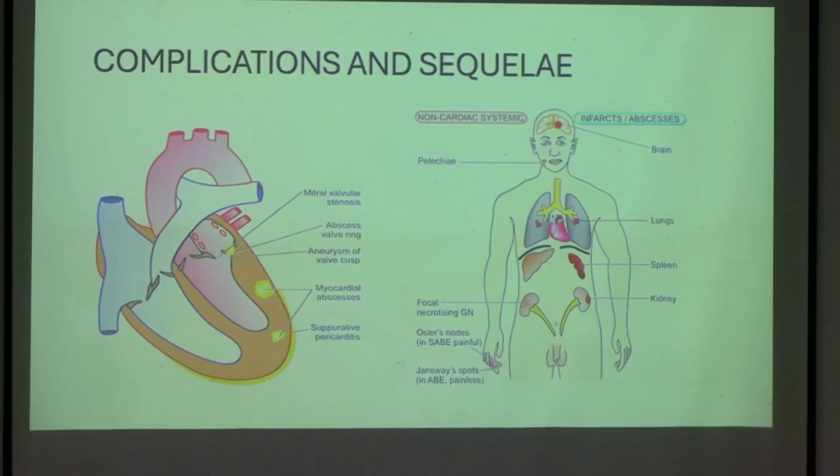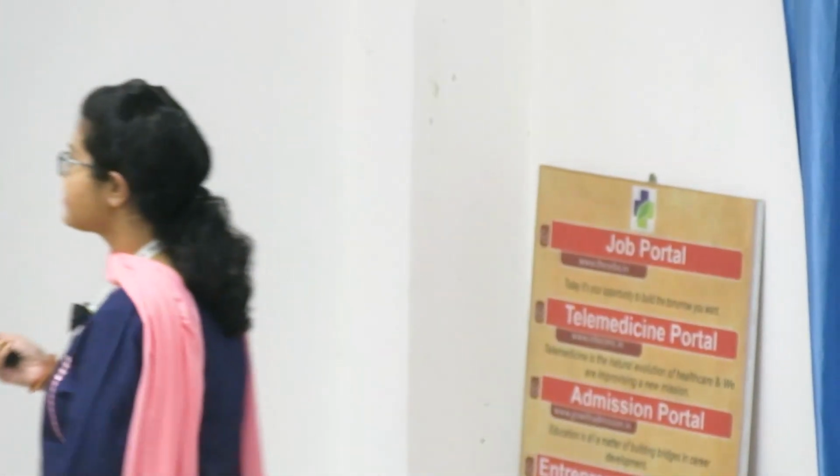What are the common bacteria? Staph, Streptococcus viridans and one more group I have told, the HACEK group. What is the HACEK group? Okay, go and learn all this, okay? HACEK group of organisms, okay? Clear about infective endocarditis?